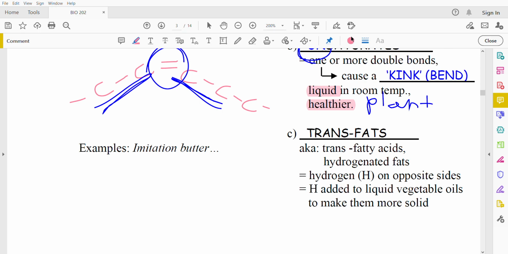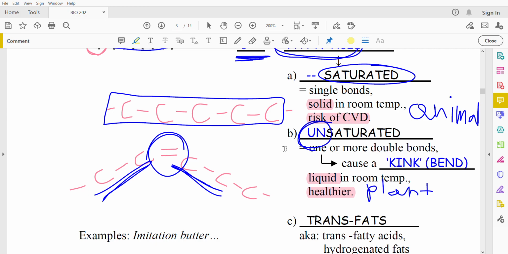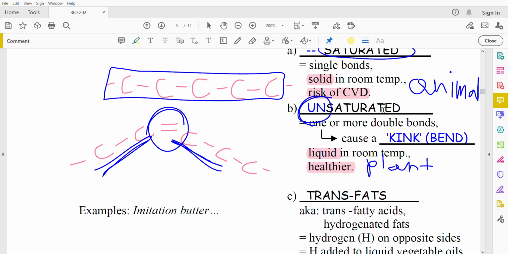And these are these imitation butters that you can see sometimes. I don't know the British, or I know the British brands, but I don't know the American ones. Things that we call, for example, "Oh, it's so good, I can't believe that it's not butter." So these are when we have taken vegetable oils and added hydrogen to those to make them more solid, to make them appear as if they were saturated, even though they are unsaturated fatty acids.